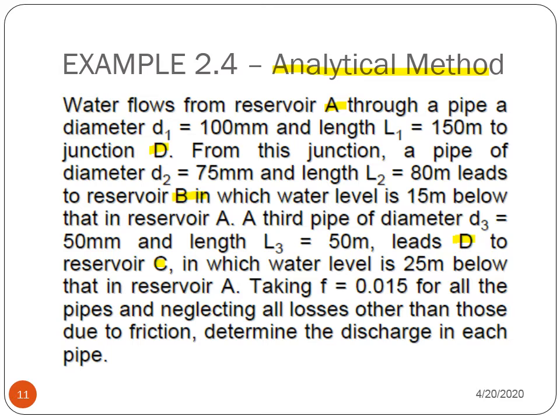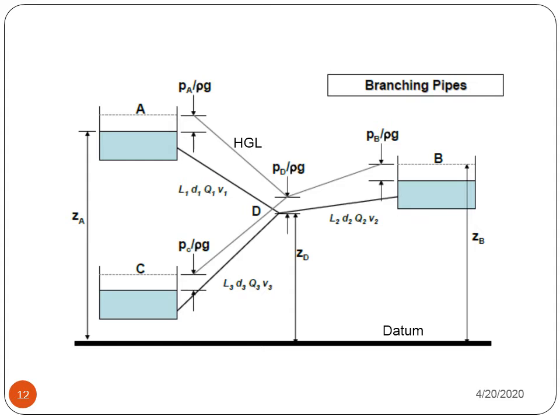So with that, the water will flow from point A to point D, and then from D to point B, and then from D to C. This is very crucial for us to create the continuity equation after this.